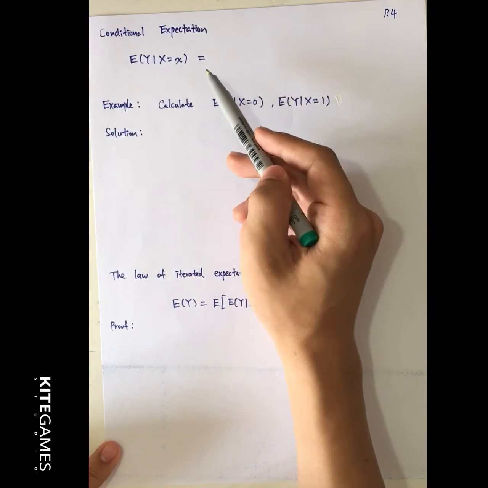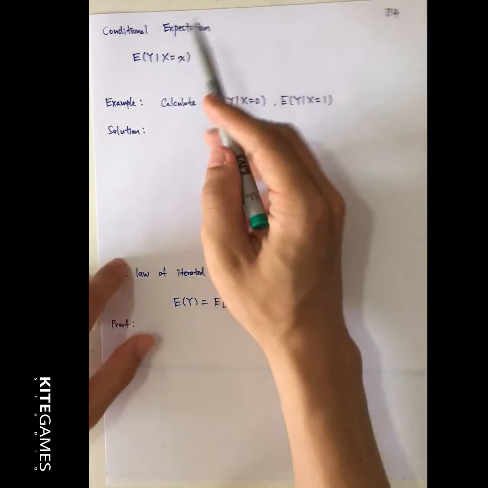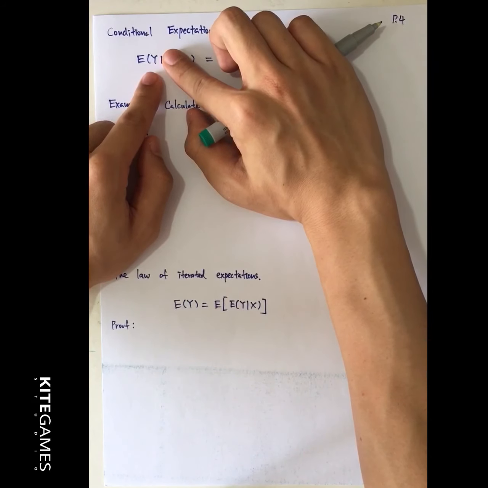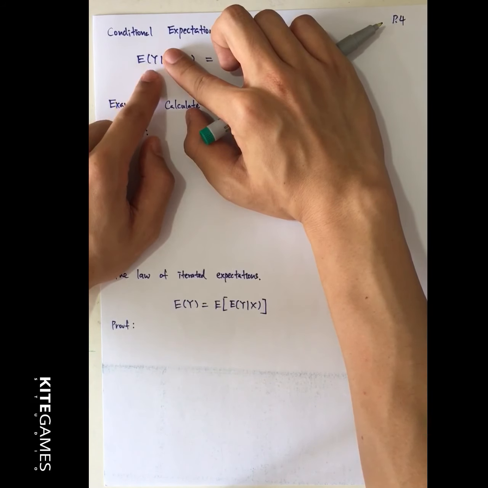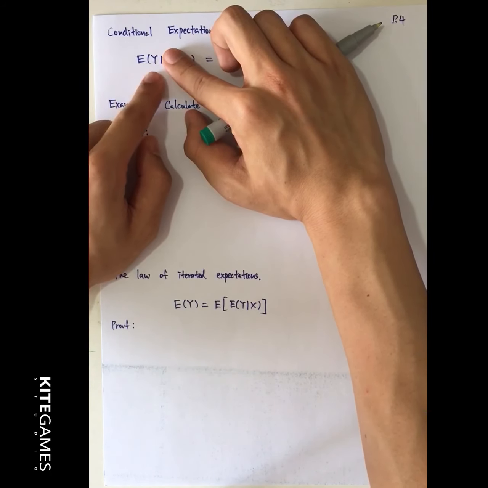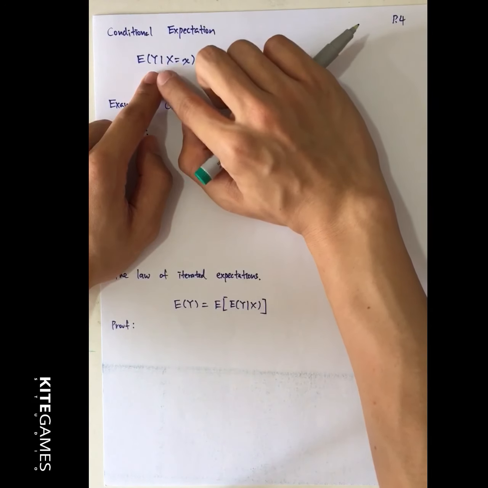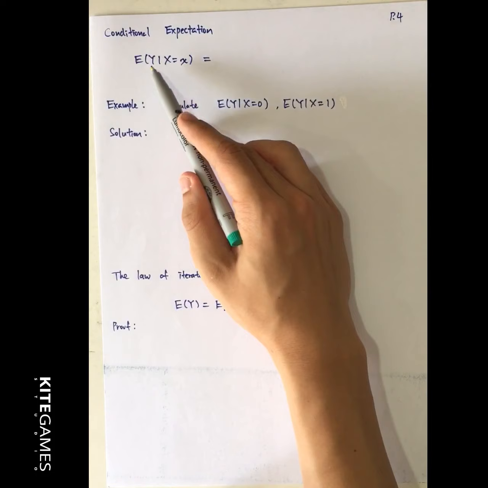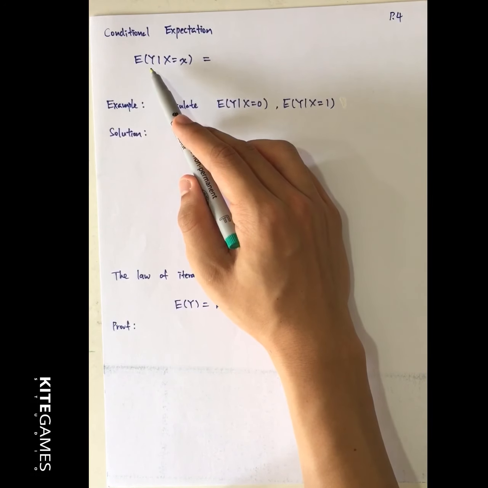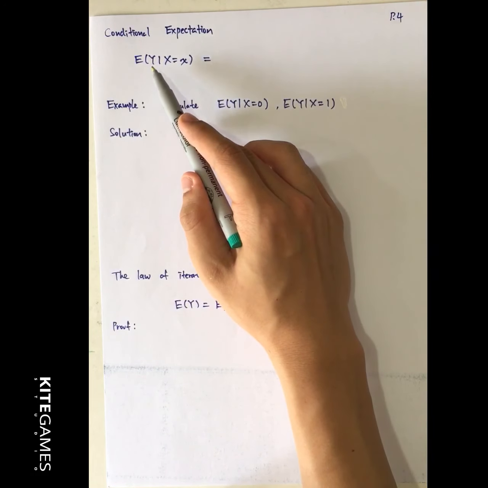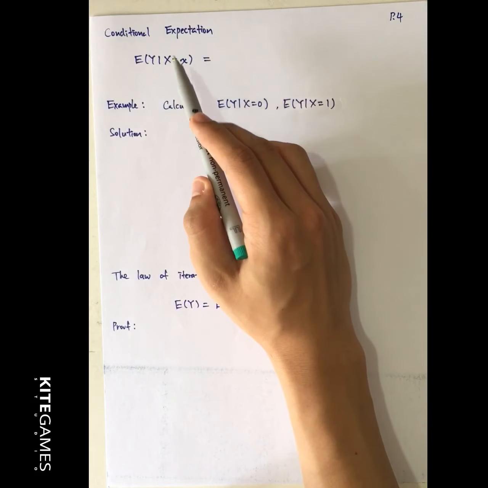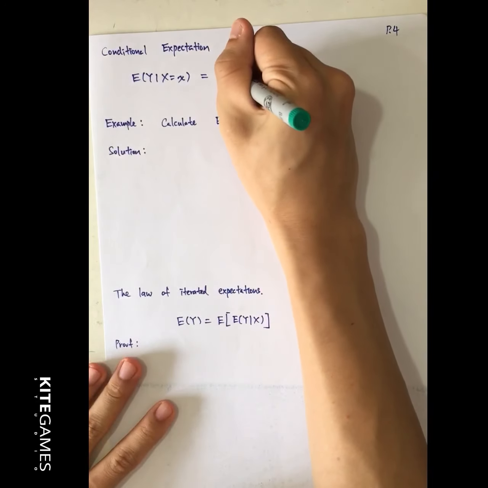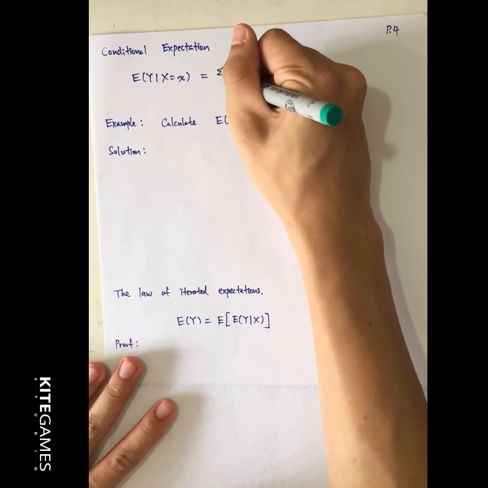Before that, the expected value of y is just the value of y times the probability that it equals that value. Now we put a vertical stroke and x equal to x. That means we want to find the value of y, multiplied by the probability that y equals that value given the x situation.